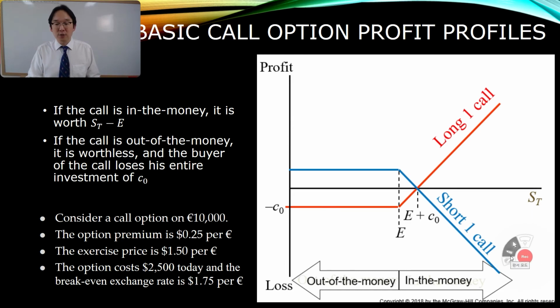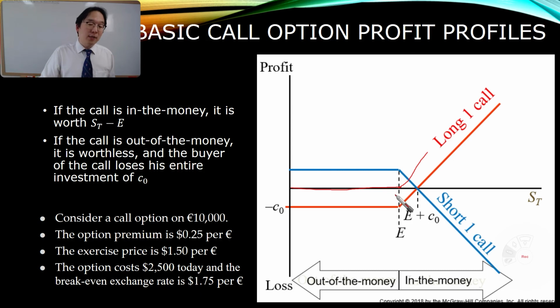Originally it starts from over here, exactly on your horizontal axis like this, right? And then it kinks from the exercise price. So why is that the case? Well, if the underlying asset is cheaper than your exercise price, what do you do? You simply choose not to exercise your option, right?